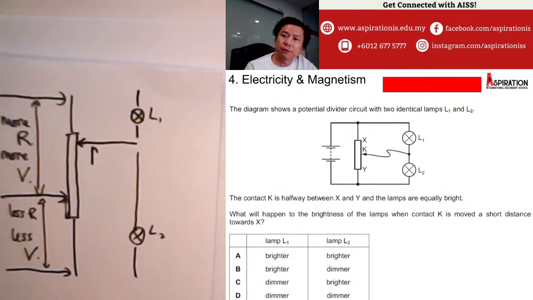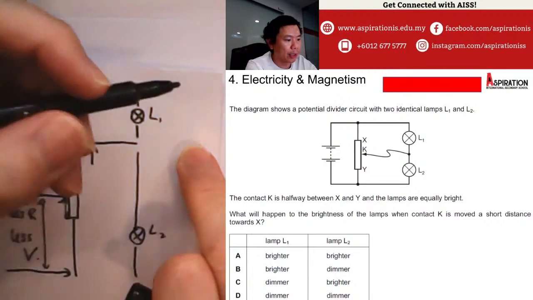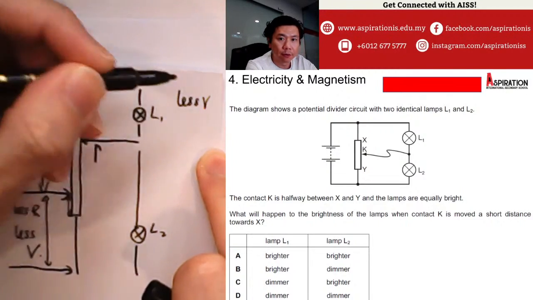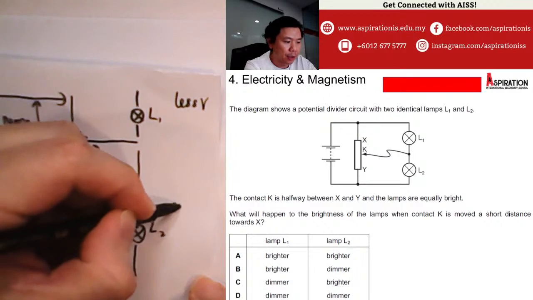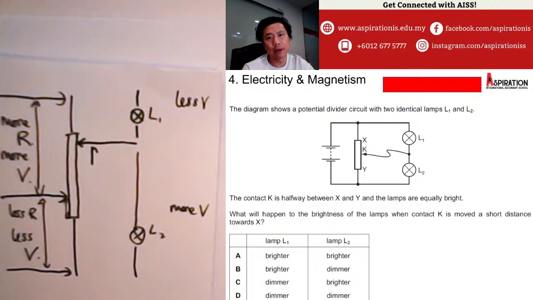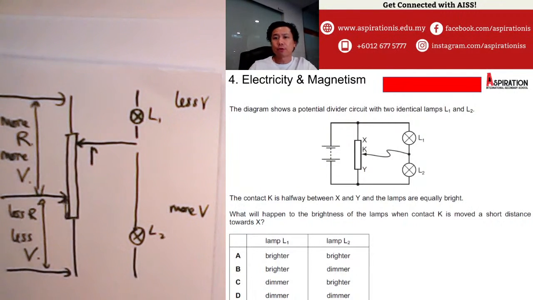So if you move the contact further up, you're going to get less resistance, so you're going to get less voltage. And here you're going to get more voltage. I need you to understand that the brightness of the lamp depends on the current and also on the voltage. So try not to bring current in, because using voltage is sufficient to give you an answer to the question.